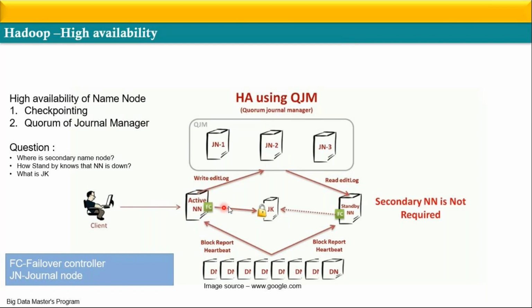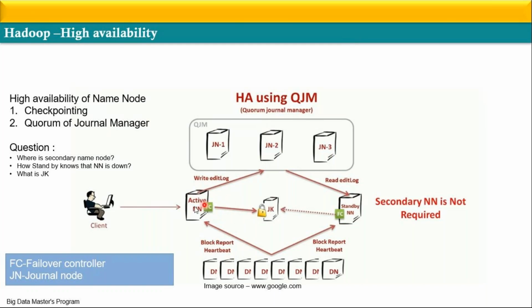Over here, one switch is there, that is the failover controller, FC, and over here ZooKeeper is there, so ZooKeeper is going to maintain this failure connection. ZooKeeper is nothing but the resource manager related stuff over here; it is managing the resources.